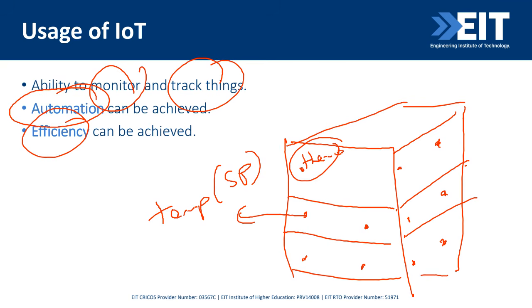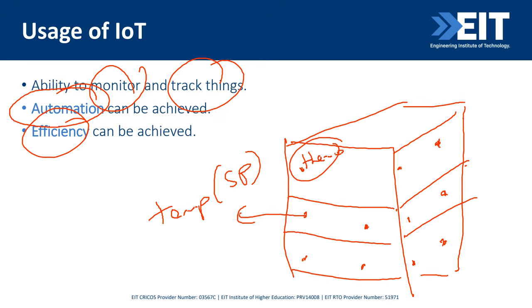Set points, meaning the target temperature in an office, will depend on things like the humidity in that office. It will depend on the time of day. It will depend on things like whether we are in winter or in summer. So it depends on factors. It's not always 21 degrees Celsius that people would want the temperature in that office.